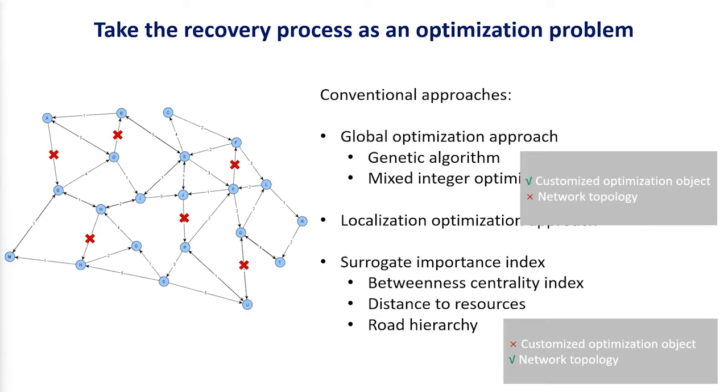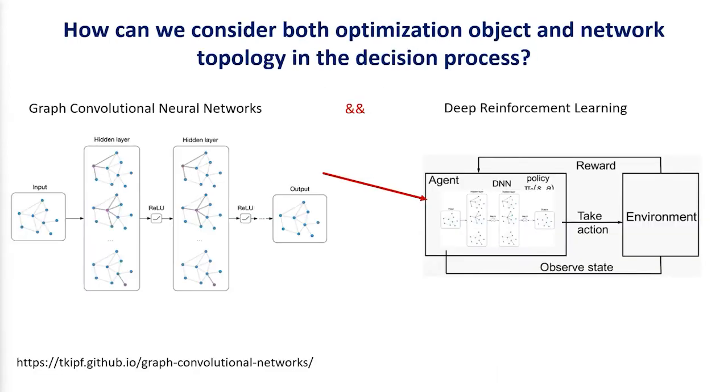So in my research, we considered a critical question: can we consider both? Can we customize our optimization objective as well as consider the network topology in the decision process? We would like to leverage two algorithms here. The first is the graph convolutional neural network, and the second is the deep reinforcement learning process in our decision process.